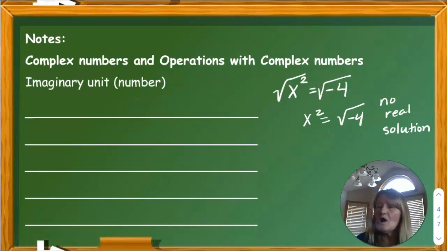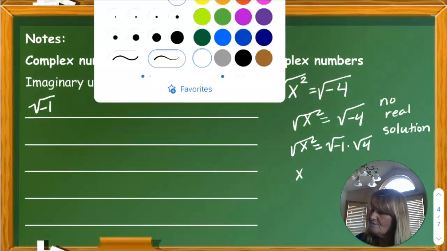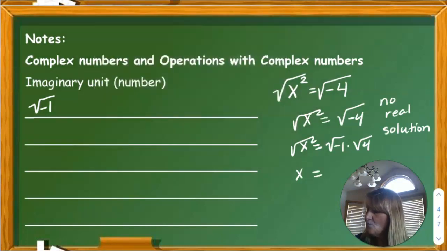And so our imaginary unit that we're going to talk about is the square root of -1, because if you take this and break it apart like we did earlier into the square root of -1 and the square root of 4, then the square root of 4 is 2.